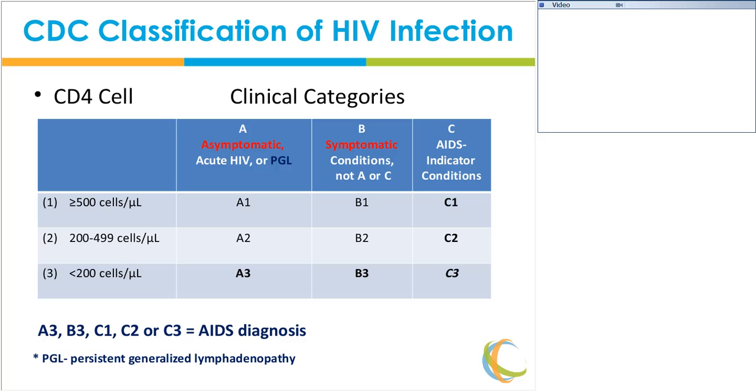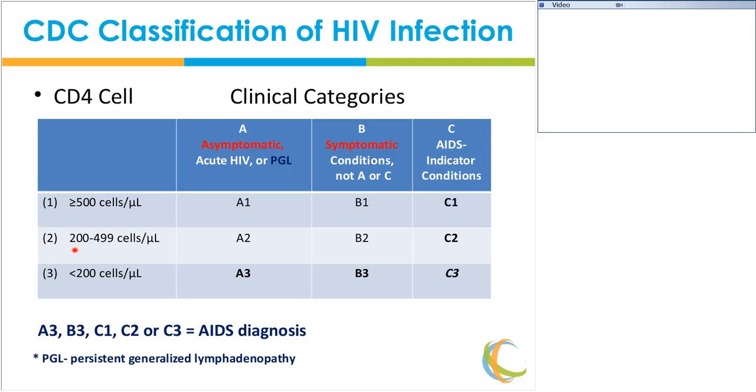Thank you, Victor. This classification system is divided into CD4 cell categories in column 1 over on the far left-hand side, and clinical categories A, B, and C in the next 3 columns. The 3 separate CD4 cell categories are Category 1 with CD4 counts greater than or equal to 500 cells per microliter.